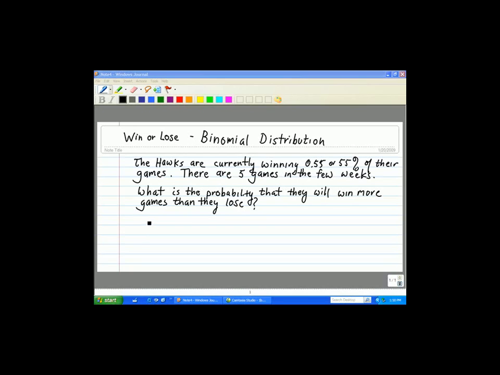So here we're going to write the probability for this example of a binomial distribution. Probability of x is equal to 5 choose x, which represents the number of combinations of winning 3 in the next 5 games. They win 55% of their games, raised to x, and then 0.45 represents the losing, raised to 5 minus x.